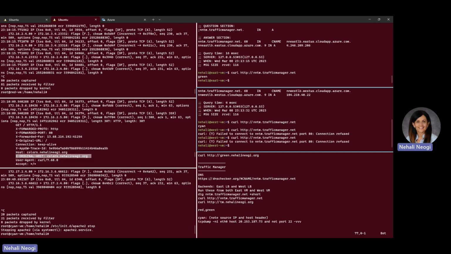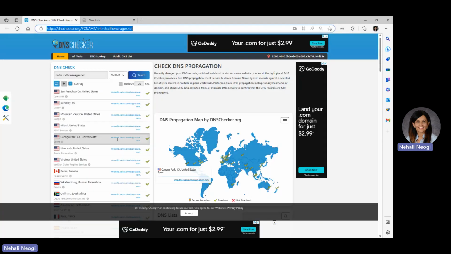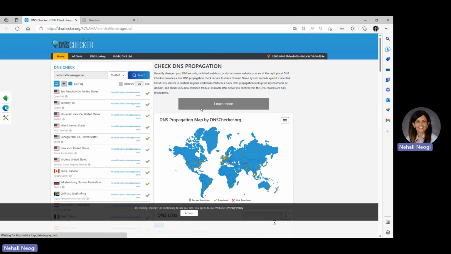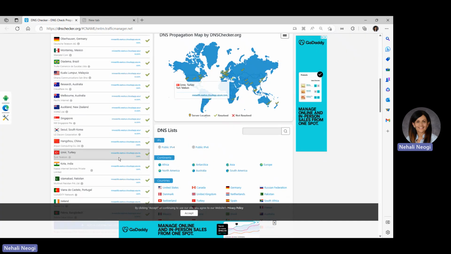And so will a lot of people that still have the West LB cached. Even though I have stopped this Cyan VM, some folks may still get the West LB.